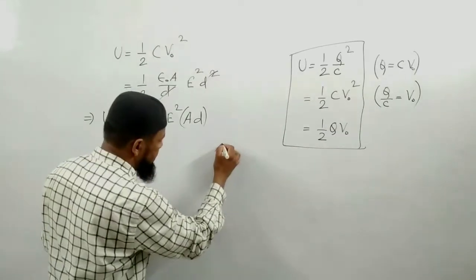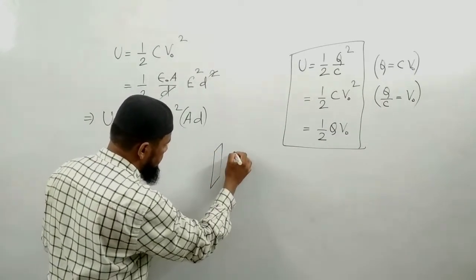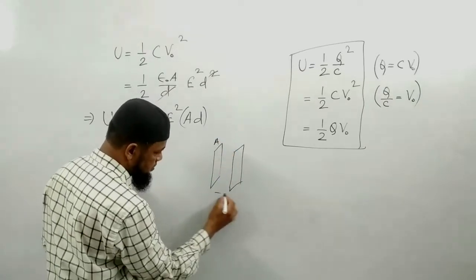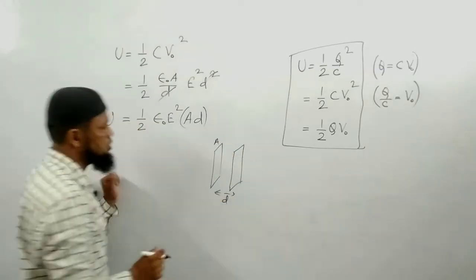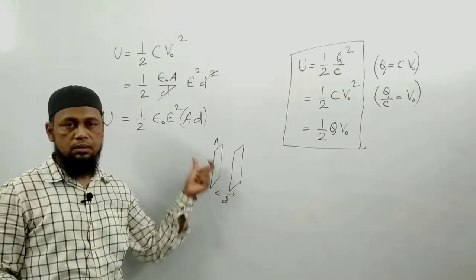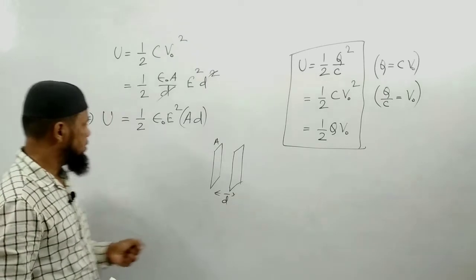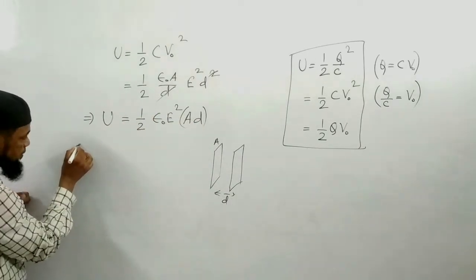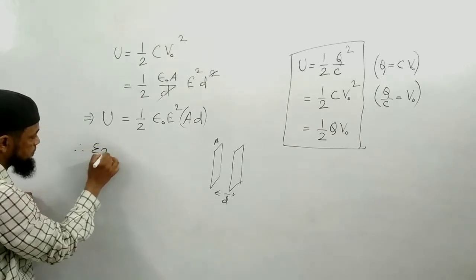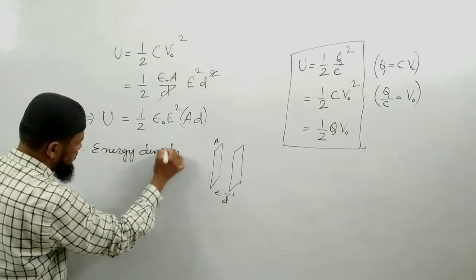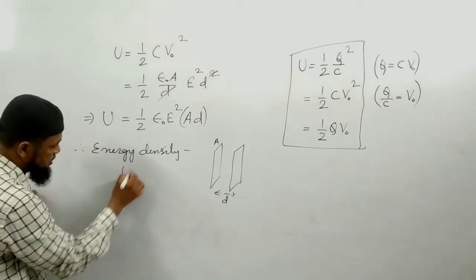You have the parallel plate capacitor. This is the plate area and this is the separation. So plate area into separation will give you the volume occupied by these two conductors. So this is going to be your volume. From here we can define energy density.